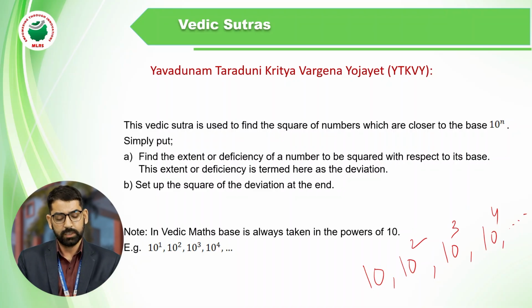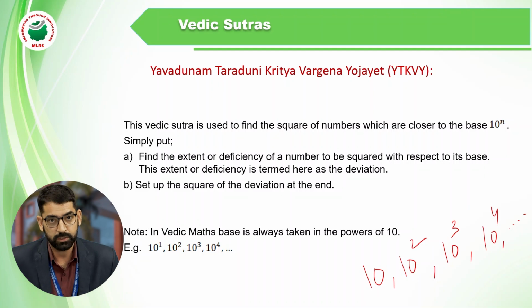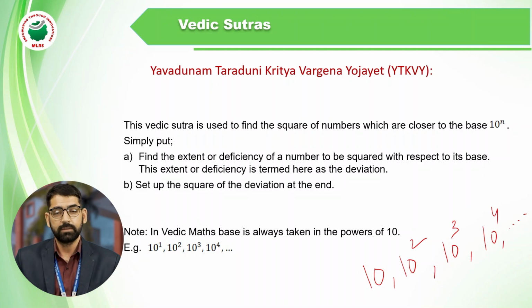So when we use this sutra, we have to find the extent or deficiency of a number to be squared with respect to its base, and then this extent or deficiency is termed here as the deviation. So first, when you are finding the square of any number, we should first know that how much the number is deviated from its base.